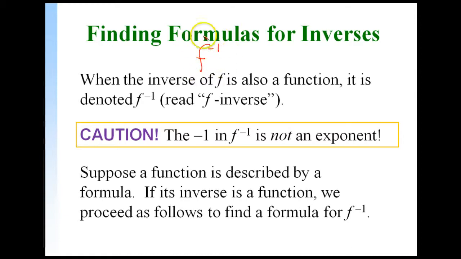This is a function symbol. Now you may recall that we sometimes had negative exponents. This is not an exponent. This is the inverse function symbol, and it's read f inverse. And they give you this right there a couple of times.